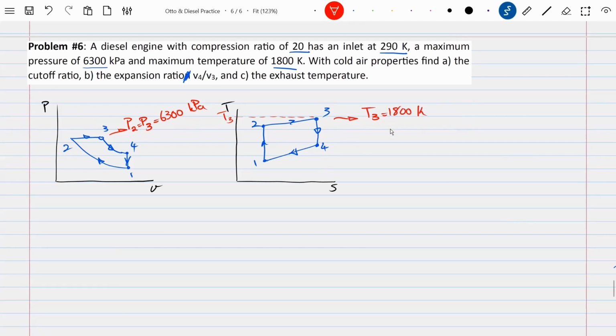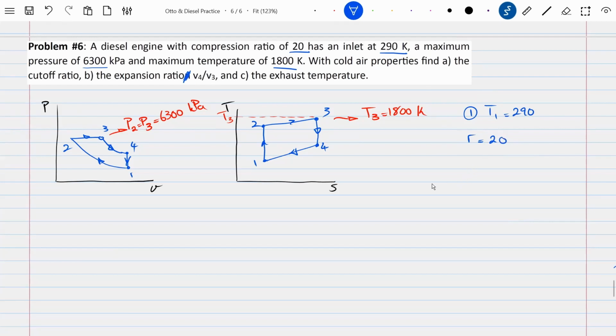So I was able to label the maximum pressure and maximum temperature with state numbers. P2 and P3 are 6,300 kilopascals, and T3 is 1800. Now let's write down the rest of the provided data. At point 1, I know that temperature 1 is 290. I also know that the compression ratio is 20.